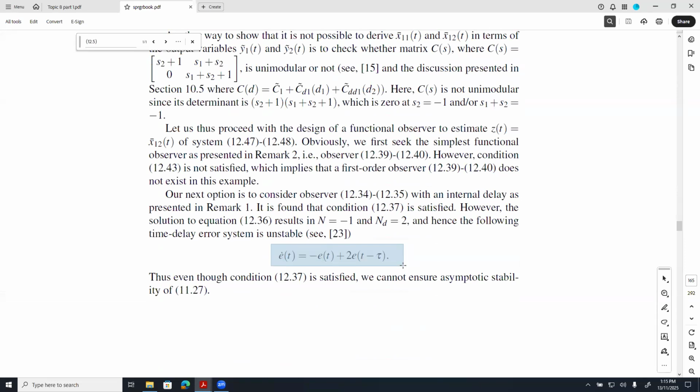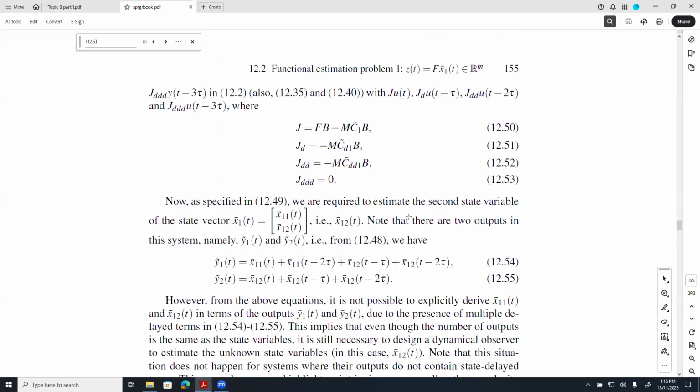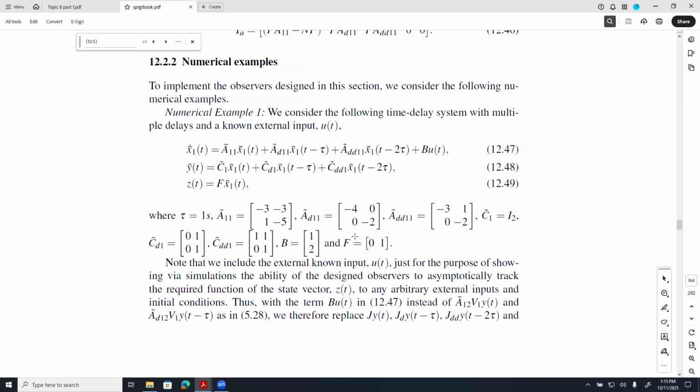In other words, we cannot ensure asymptotic stability when we design a generalized functional observer to estimate this given state variable. In fact, it is just a standard functional observer to estimate the second state variable in there.